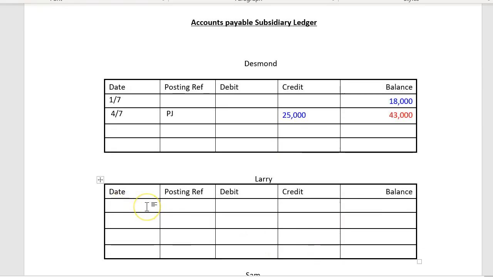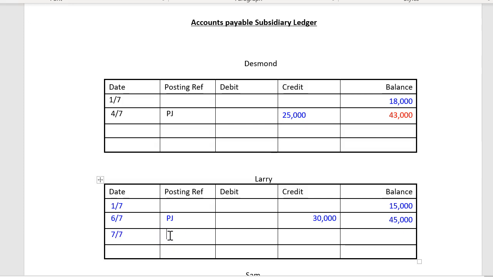Okay, next we have Larry. Does Larry have an opening balance? Yes, he does. Opening balance of Larry is 15,000, and you record that in the balance column. Did they purchase from Larry? Yes, they did. You write PJ, and that's a credit entry for 30,000. That makes Larry's balance 45,000. They also returned goods to Larry on the 7th of July.